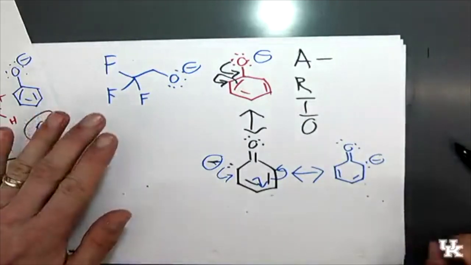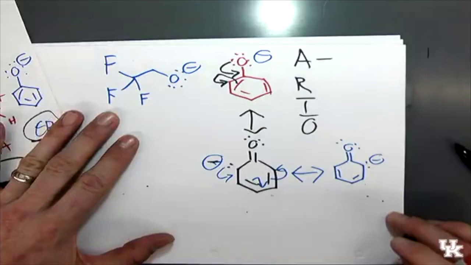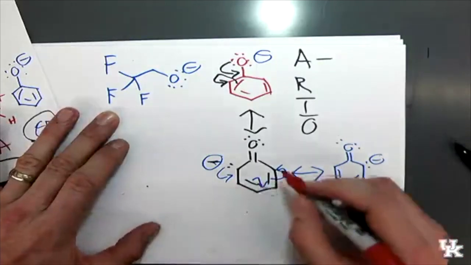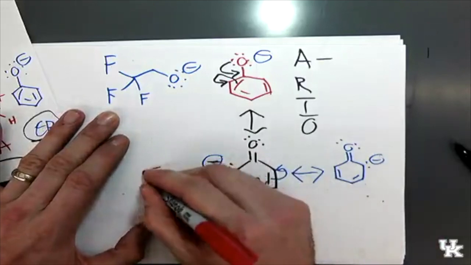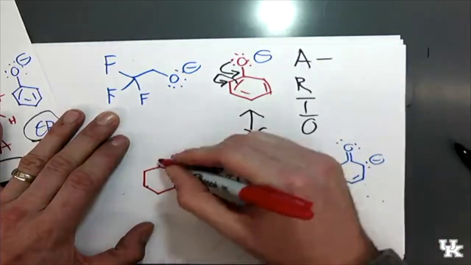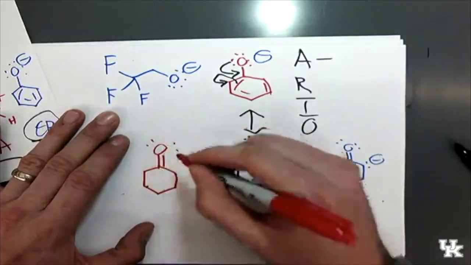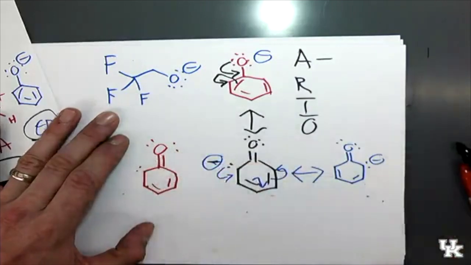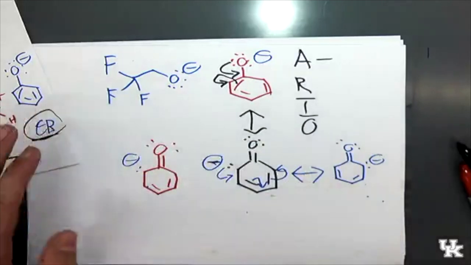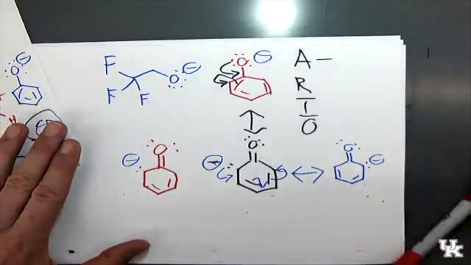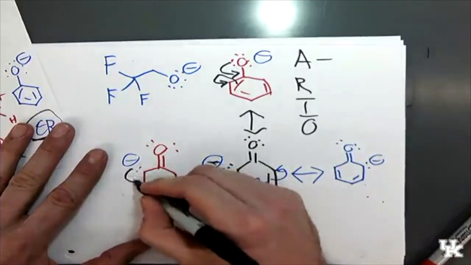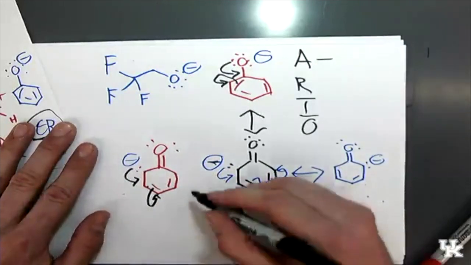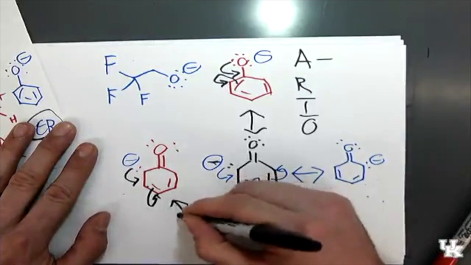All right. So in case you missed it, what you could have done, I'll just redraw this structure here in the middle. That's what we had, right? What you could have done, move this pair down, move this one onto this carbon.